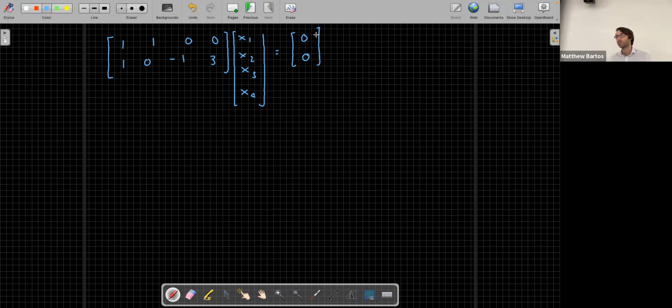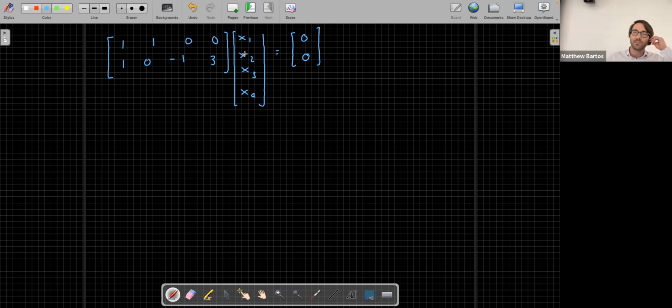So what we're trying to do is find the values of x1, x2, x3, x4 such that this system of equations holds. In doing so, we'll be able to find the orthogonal complement of our original subspace R.